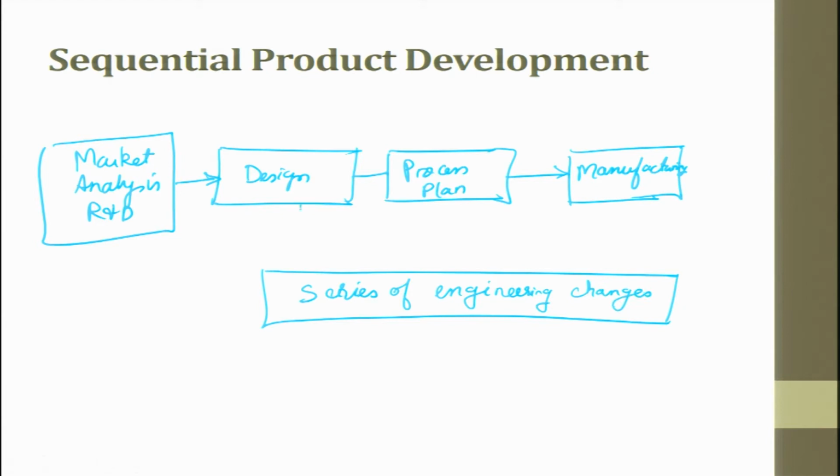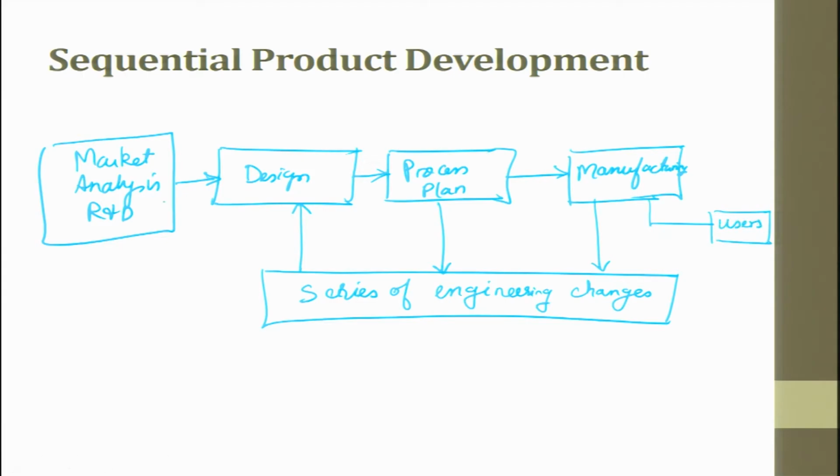Okay. So, this will go here, this will go here, and this is all flowing in one direction, and this will go from here to here. And then from manufacturing it goes to the user or customer.